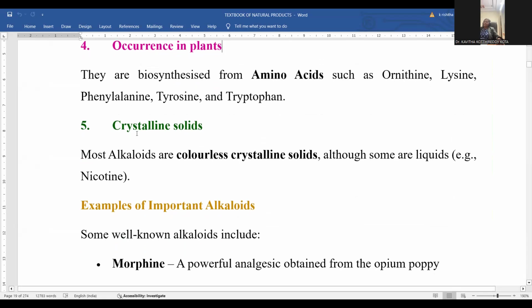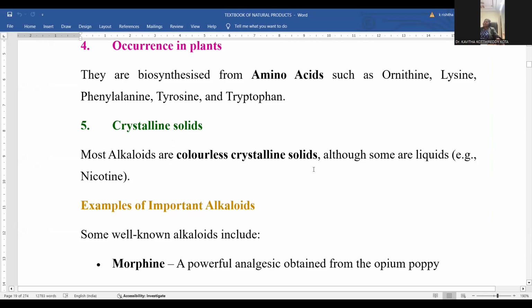This is regarding the occurrence. Crystalline solids: next is about their physical existence, being solids. Solids are of two kinds, amorphous and crystalline. Highly regular arrangement is regarded as crystalline nature, and alkaloids are crystalline solid materials. Most of the alkaloids are colorless in nature; white is indicated as colorless within the chemistry field.